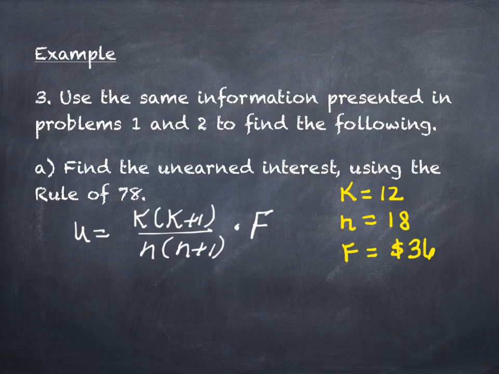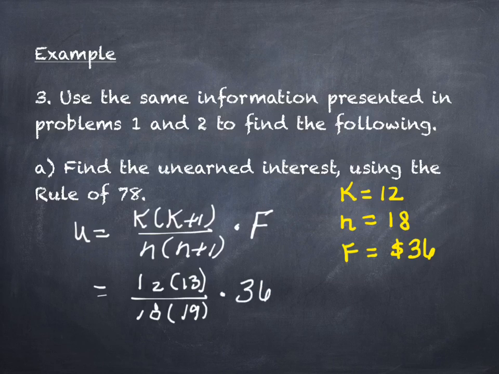Okay, all good? These are nice numbers to work with because I have all whole numbers in this problem, which is awfully friendly. So I've got my K value, that's 12, times K plus 1, which would be 13, over my N value, which is 18, times 19, and then all of that ends up being multiplied by 36.